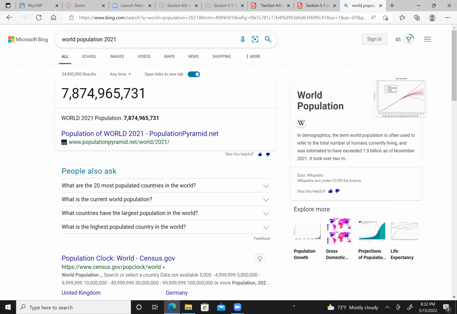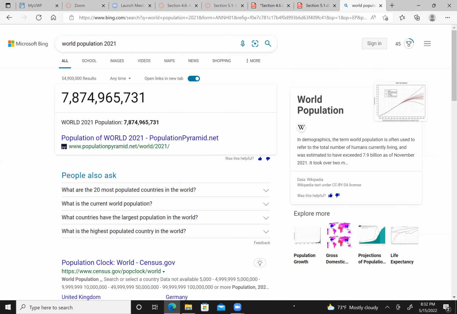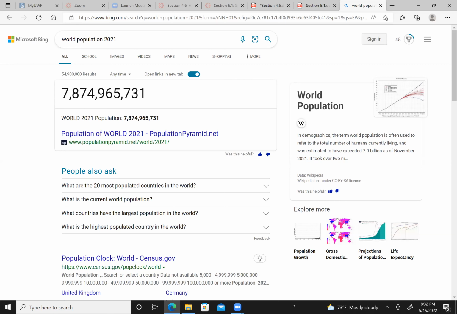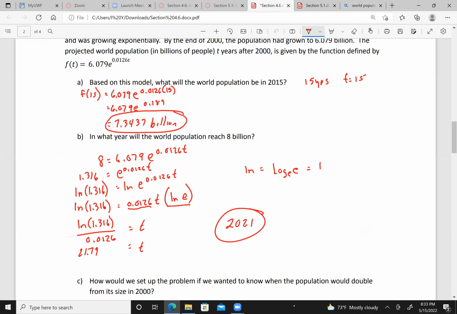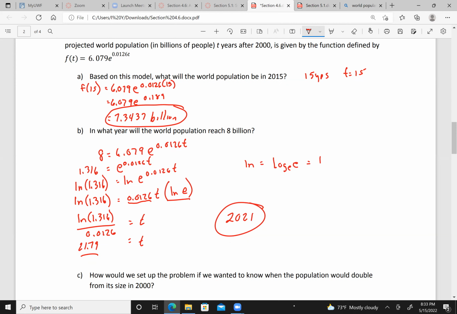So pretty dang close. Now, keep in mind that this, I believe, is the world population at the beginning of 2021. And if you remember, I find that we're looking at 3/4 of the way through. So yeah, I think this is a pretty good setup.